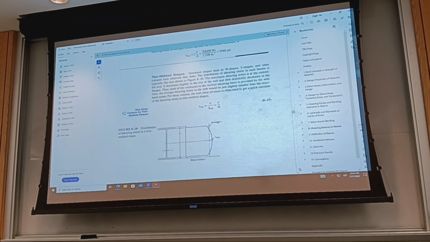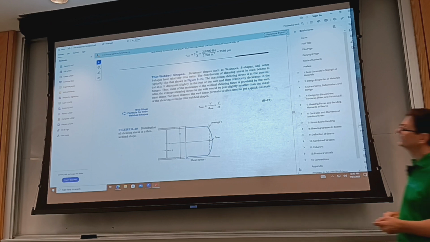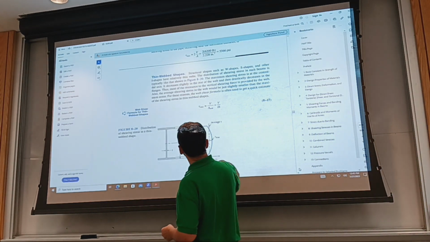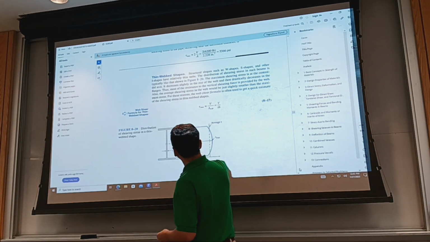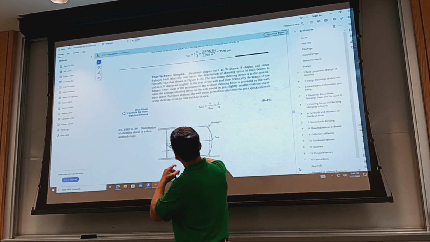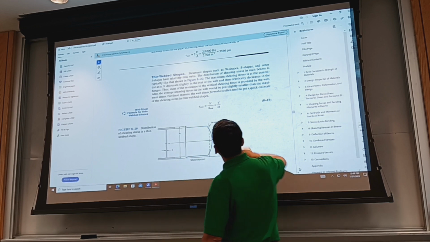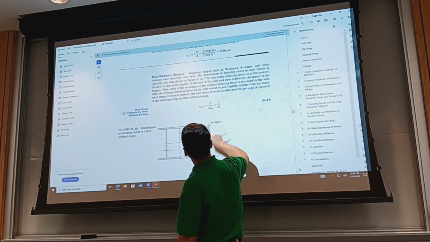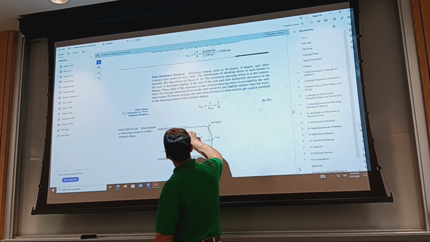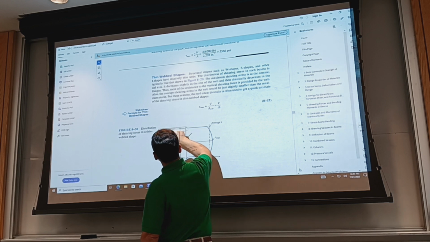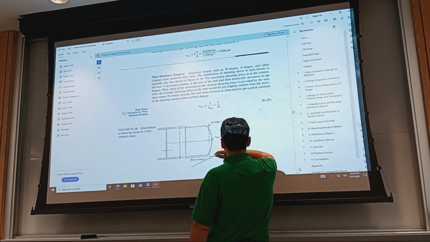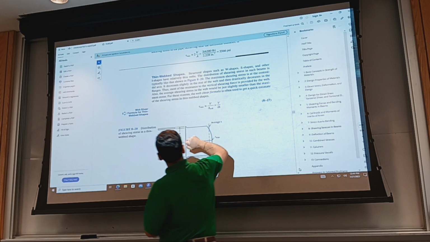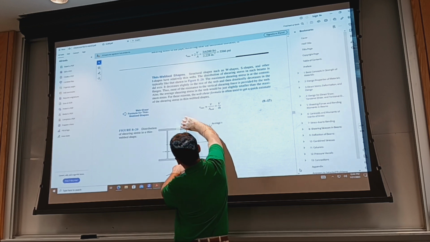If you have a thin web shape, you can approximate the maximum shear stress, which happens here, with this formula: shear force divided by the area of the web, so it's just the area of the web, not the horizontal area. So it says t times h. Well, h is shown as the full depth.